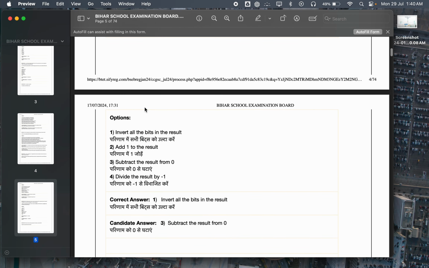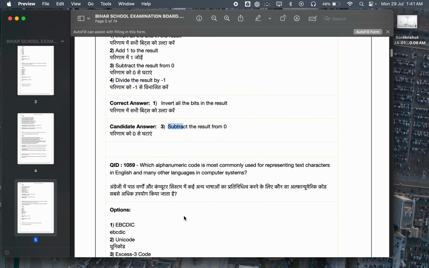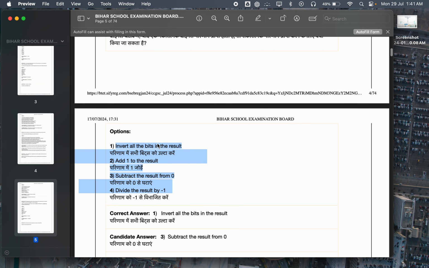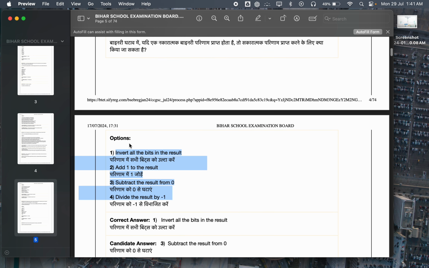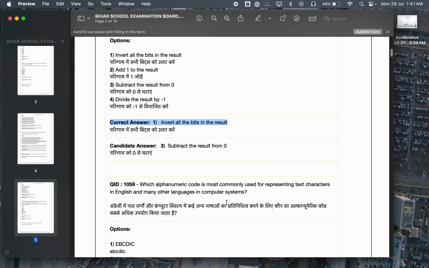None of the options alone is correct. But if you want to choose part of it, then I would suggest invert all the bits first, then add. So maybe that's why they are saying invert all the bits is the result.